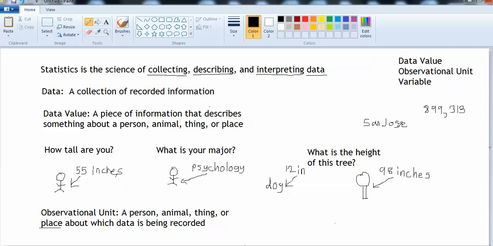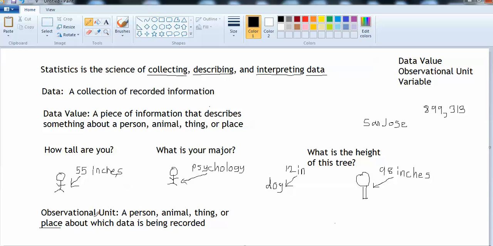So if you asked one of your friends, what grade did you get on your last exam, the number that the person tells you would be a data value, and your friend would be the observational unit, because when you ask your friend what his or her final exam score was, you're collecting data from your friend, which then makes your friend the observational unit.